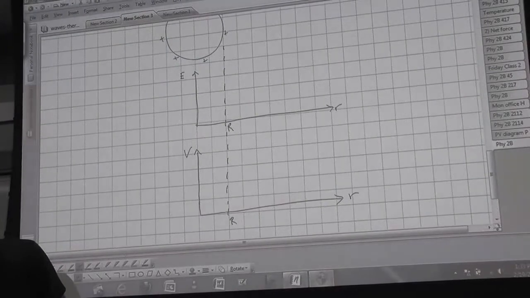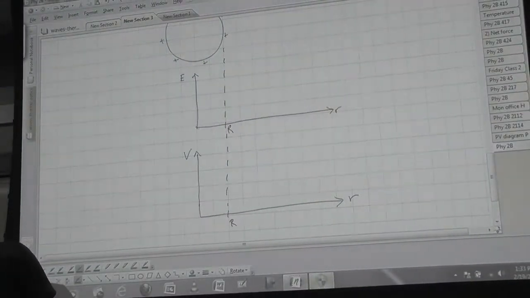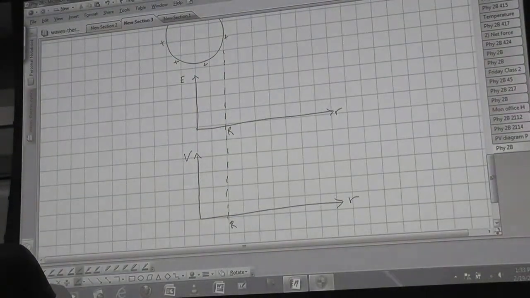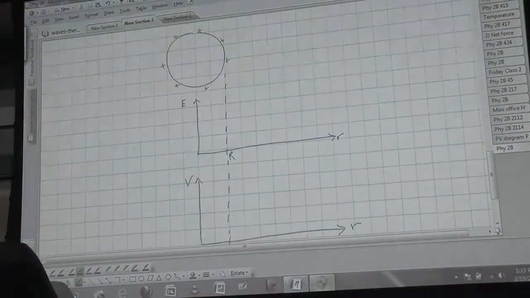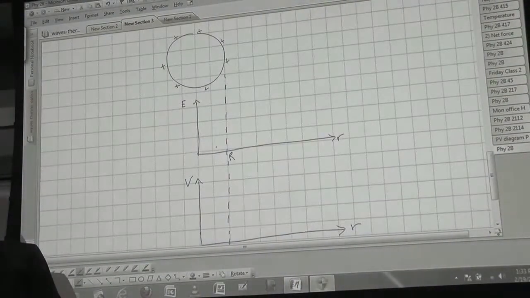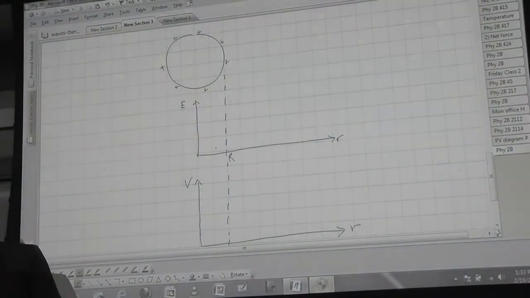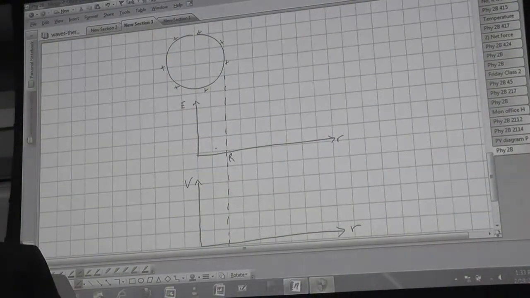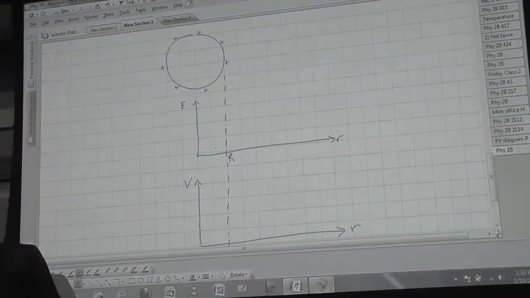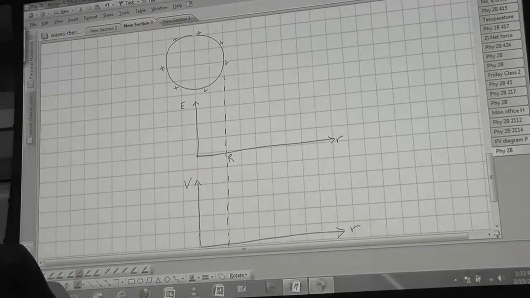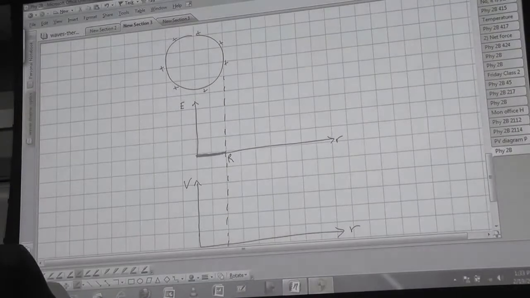I'll use blue. So what is it between 0 and capital R, inside the sphere? Electric field inside a conductor. Say it. Thank you. Man, you guys are killing me.